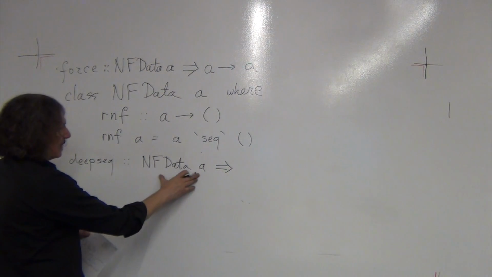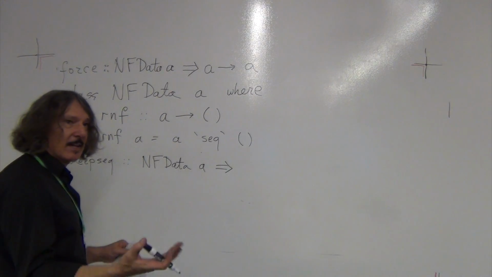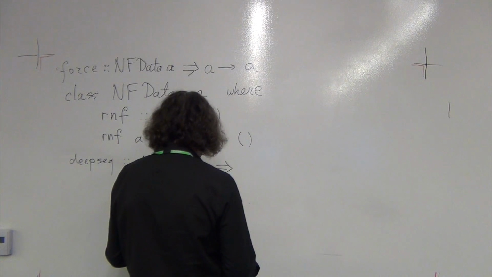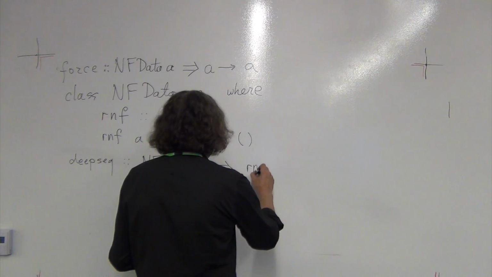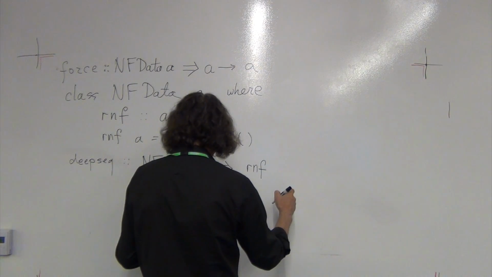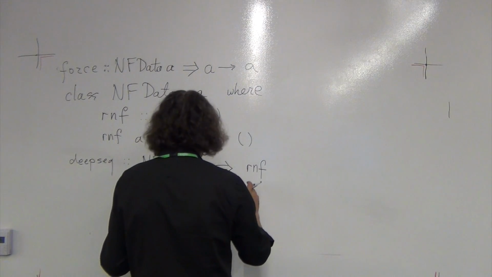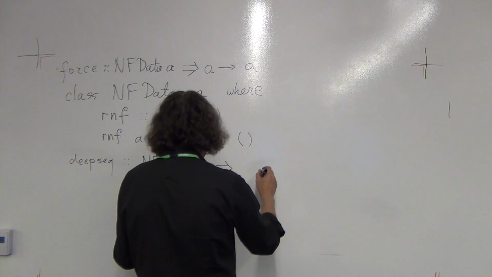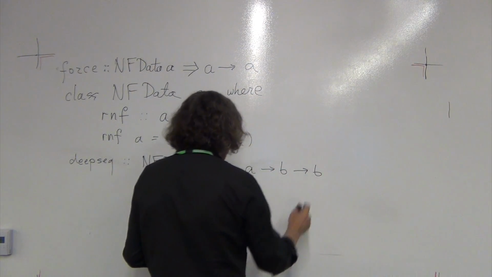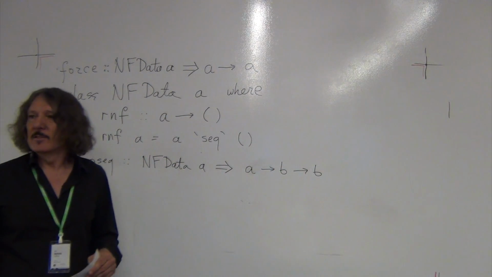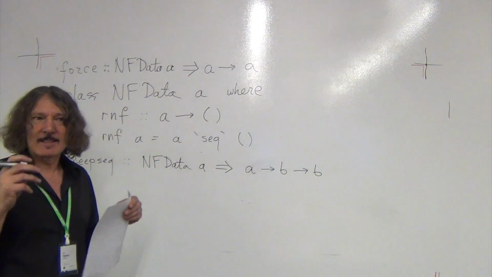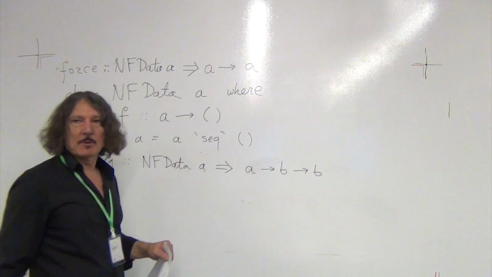That's our assumption, that A is actually NF data, because only then we can do deepseq. It takes A and it takes B and returns B. So it takes two expressions and returns the second one. But as a side effect, it forces the evaluation of A.